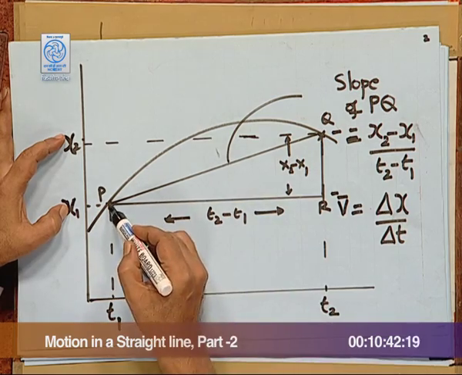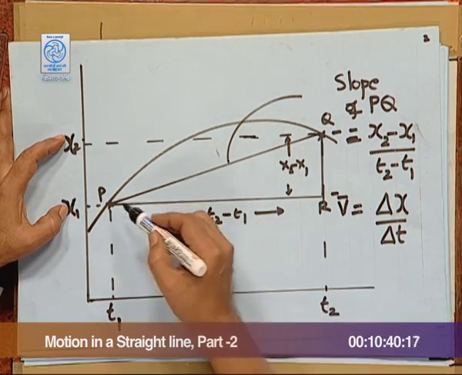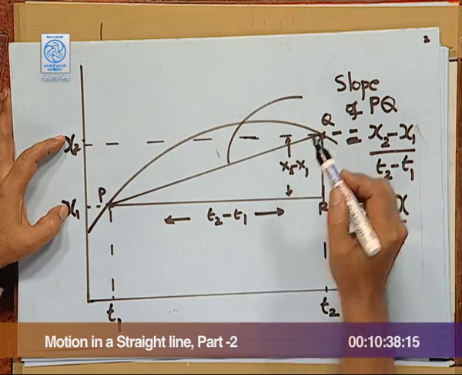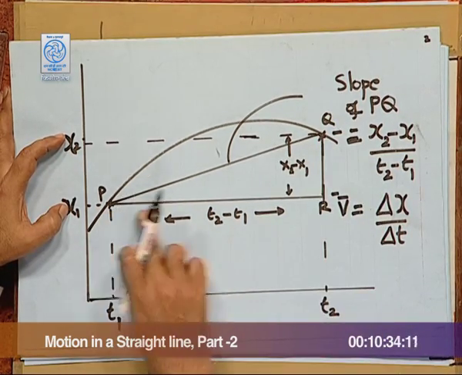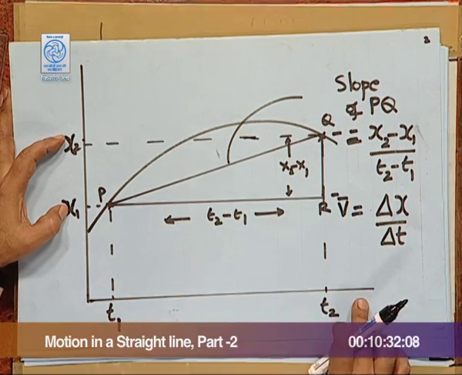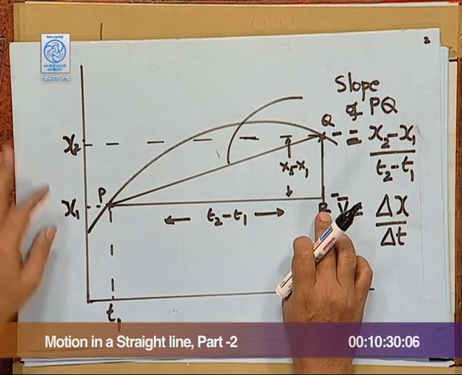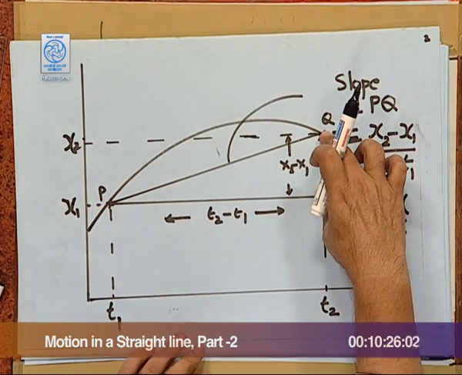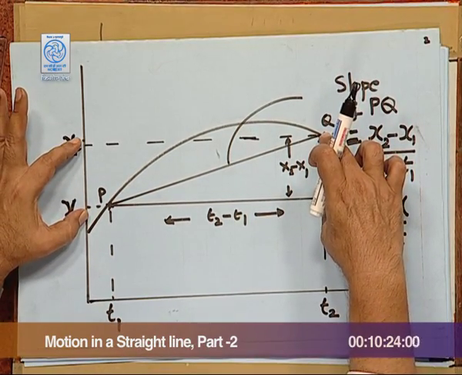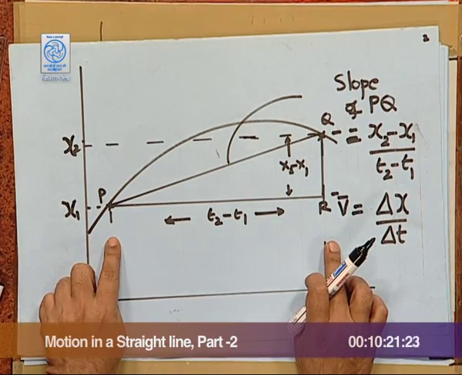If I join the points P and Q by a straight line PQ and then draw a line parallel to the time axis, which is indicated here as PR, QR gives you the change in displacement in the interval t2 minus t1.